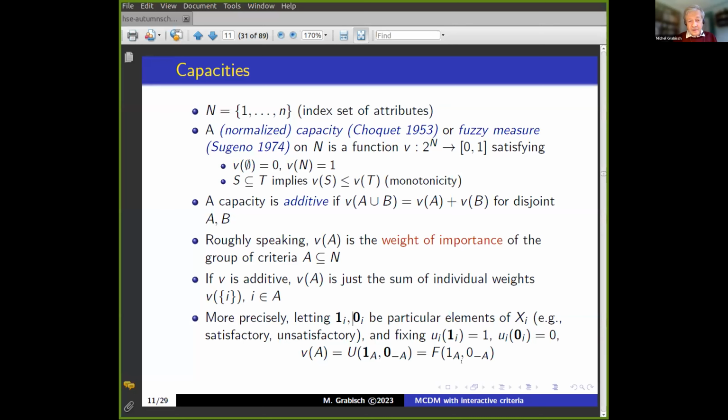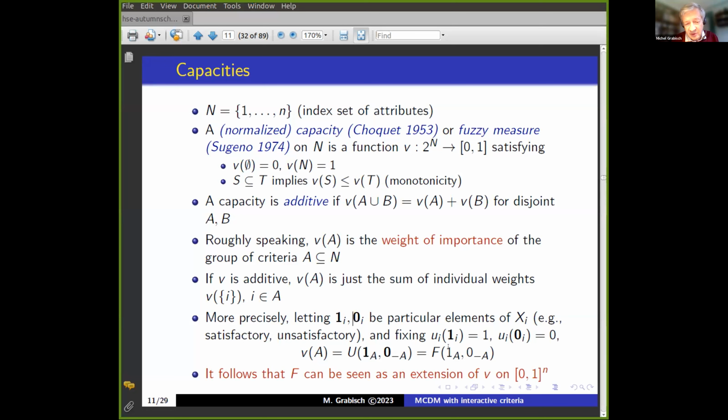Now, if we look at things more mathematically, the function V, which is a set function, and the function F, which is an aggregation function, coincide for these vectors.